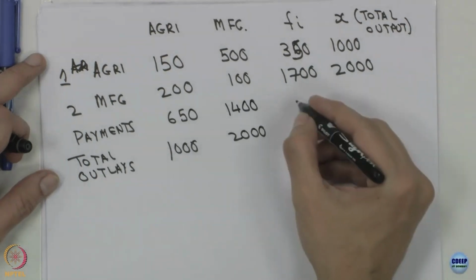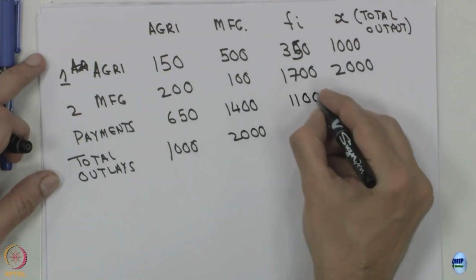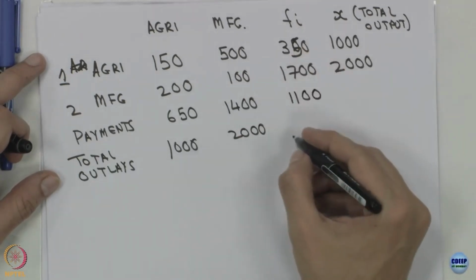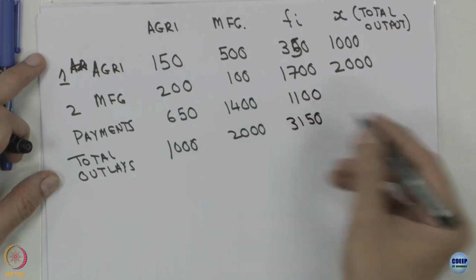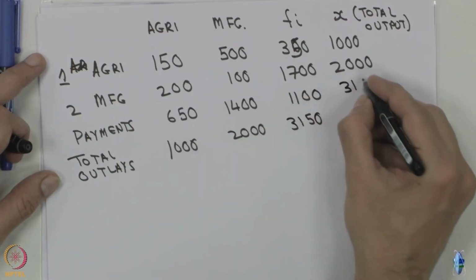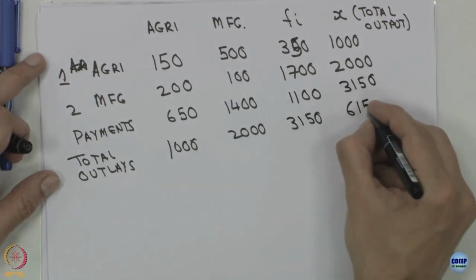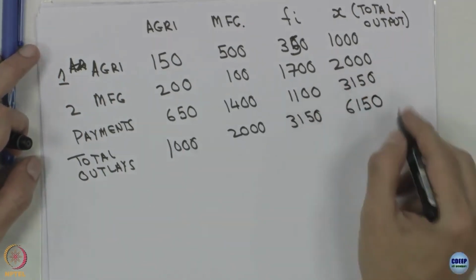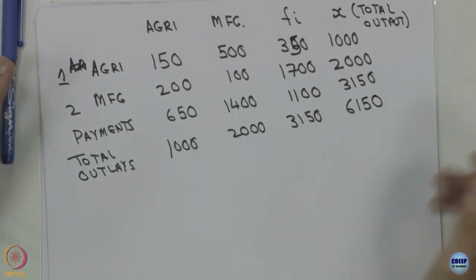The final demand in this case for the payments is 1100. So if you add this up, this is 3150. The total, which is the total value add in the economy, is 6150 appropriate financial units.